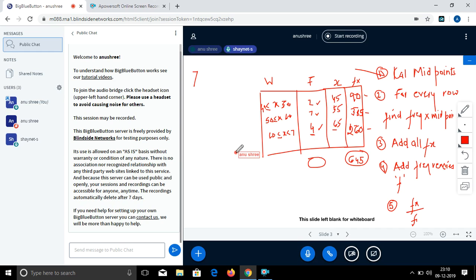Is it 637? No, 737. 2 plus 7 plus 4. 3 plus 7 plus 4.